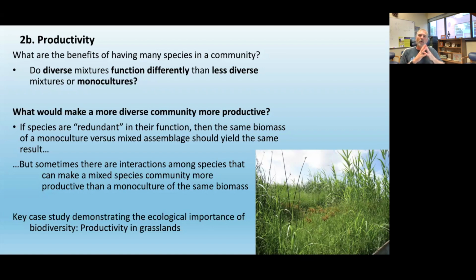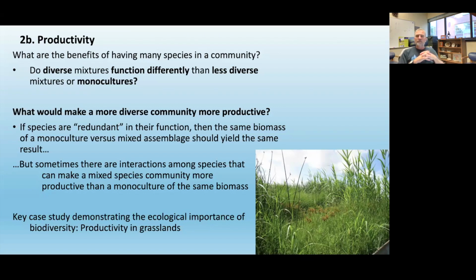So one of the questions that arises when we're doing these comparisons of productivity is, do diverse communities function differently than less diverse ones, or even more so monocultures, right? So what kind of things might make a diverse community more productive?